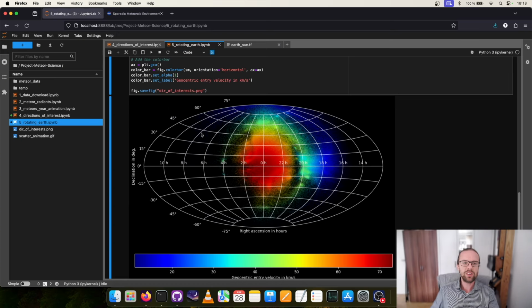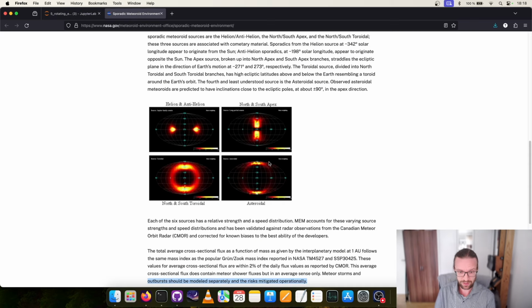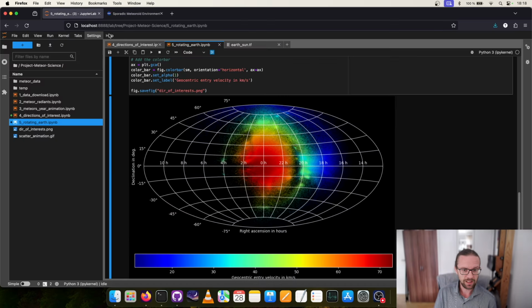But to be honest, we also get somehow a biased feeling how this could look like. I mean, we are now biased because of this one from NASA, but can we see it also in our data? So the question is, what do we do next to get a better view of the sporadic meteor sources?